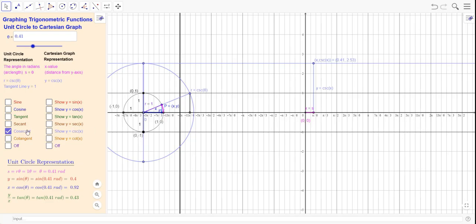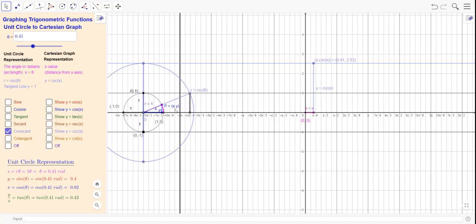Okay, so let's think about cosecant. Cosecant is the reciprocal of sine, so it's r over y. So we need y to be 1. What I've got here is the line y equals 1, so this distance is 1. If we do that, then the radius is the cosecant.